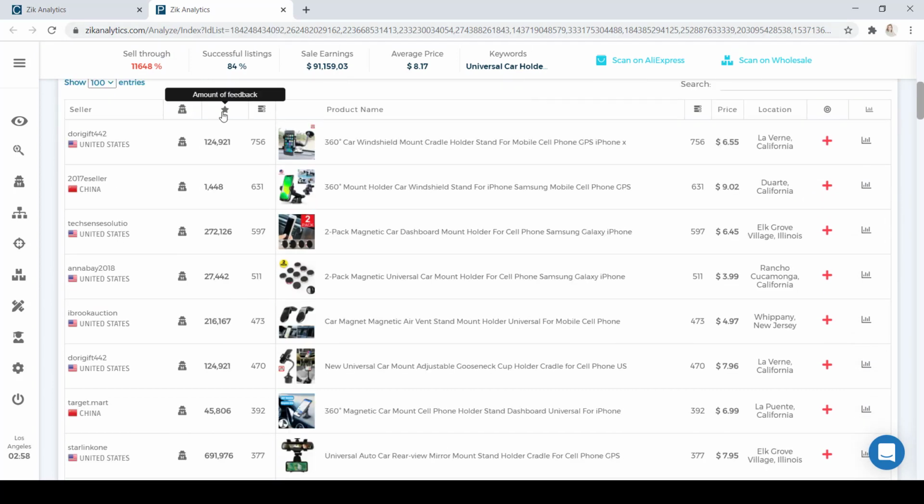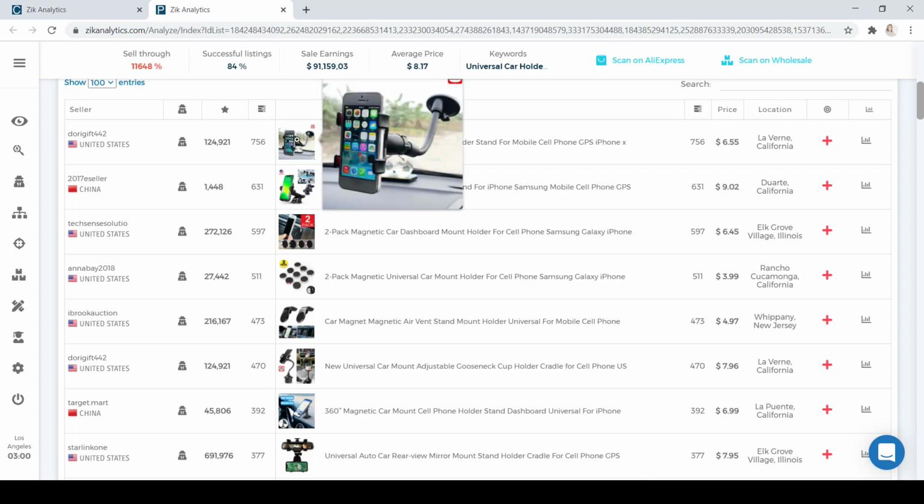Now looking at this between this seller here who has a huge amount of feedback and this third seller here who also has a feedback score of over 200,000, there's this one seller in between them that has a feedback score of 1,448. So looking at it from this point of view, you can see that this seller is doing something right. He has a much lower feedback score, but he's still number 2 on the list of eBay's top 100 items when it comes to these keywords.